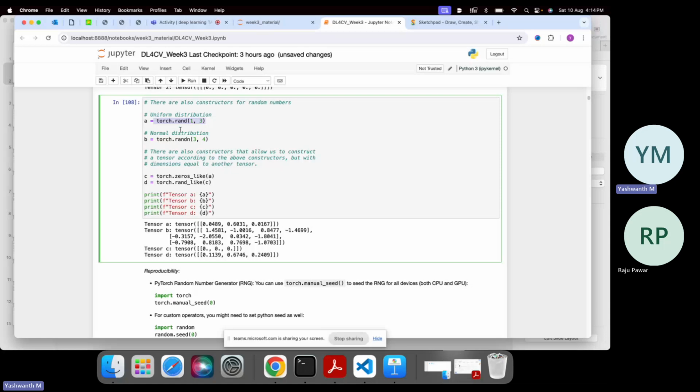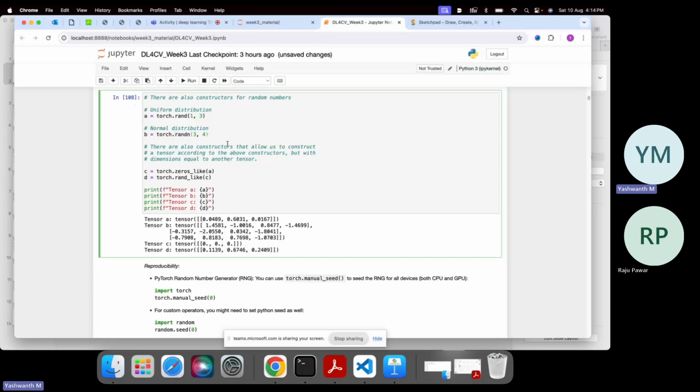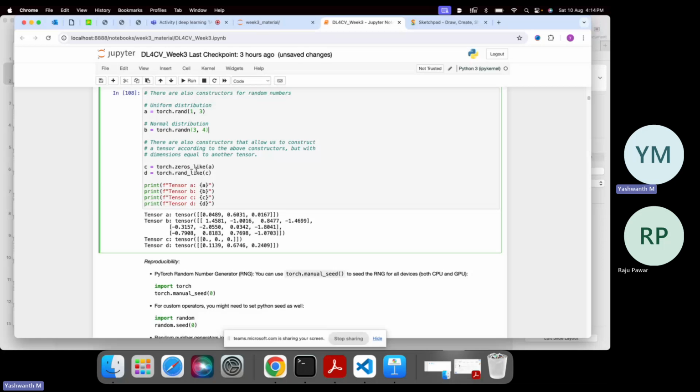This is a tensor of dimension 1 cross 3. torch.randn is the normal distribution, which is the Gaussian distribution, and the dimension is 3 cross 4. zeros_like A means it creates a tensor of the same size and properties as A, but with entries that are zeros.